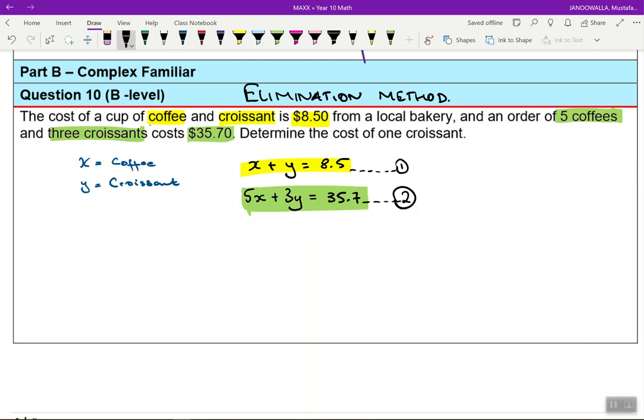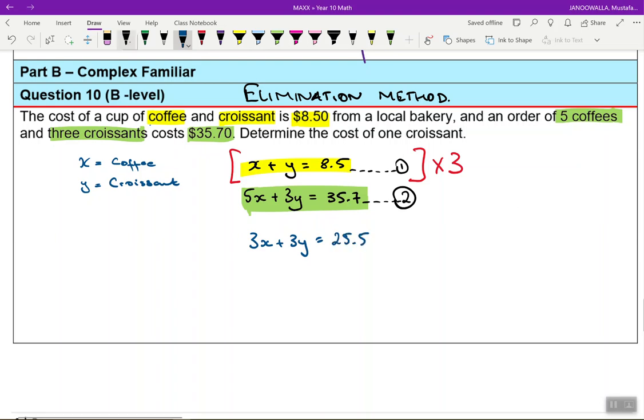So I have decided that I'm going to multiply the first one by 3, just to use smaller numbers. Let's multiply the whole of equation 1 by 3 so that the y can become 3. And now I'll have a new equation which is 3x plus 3y equals 25.5.